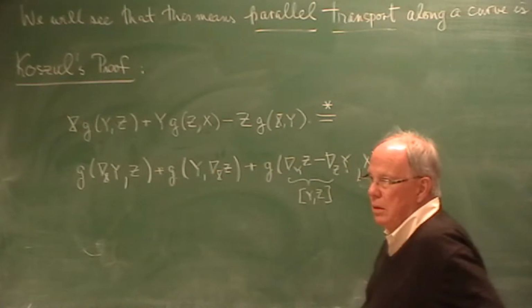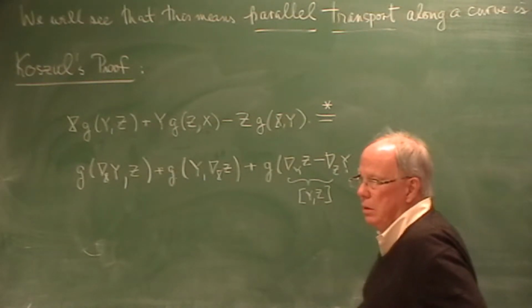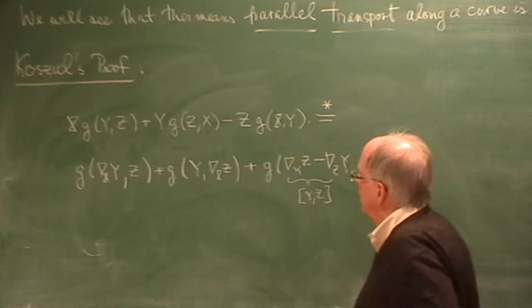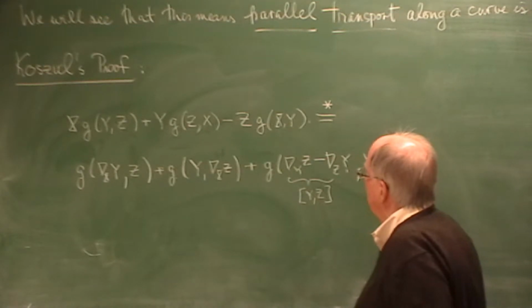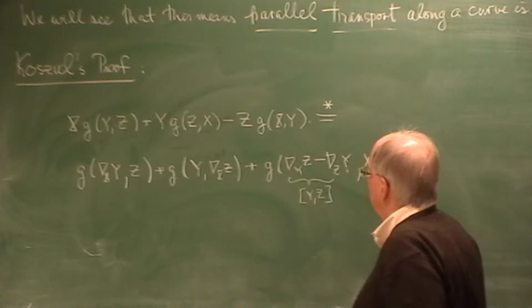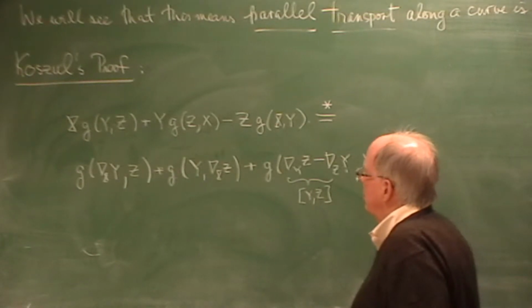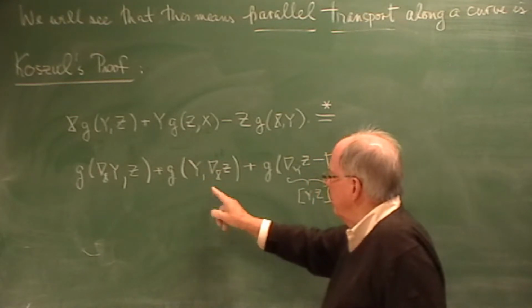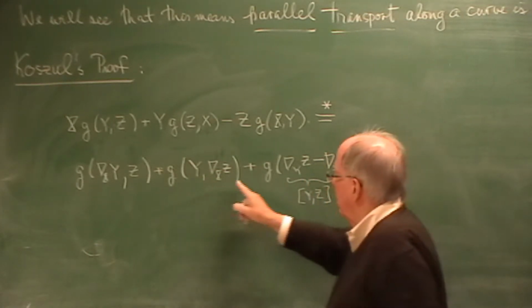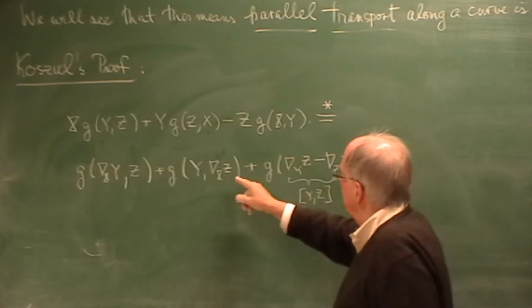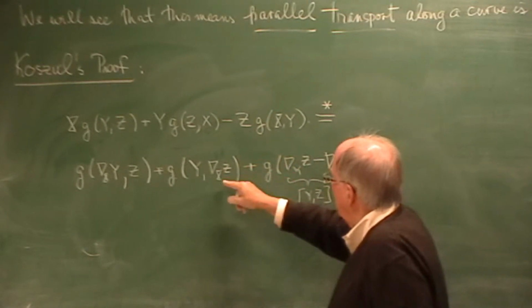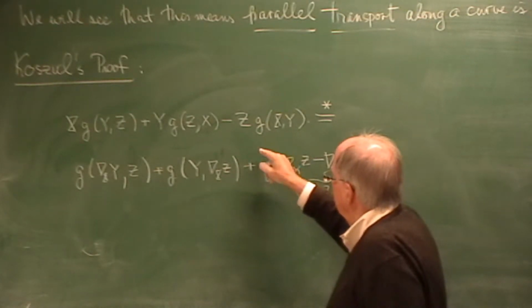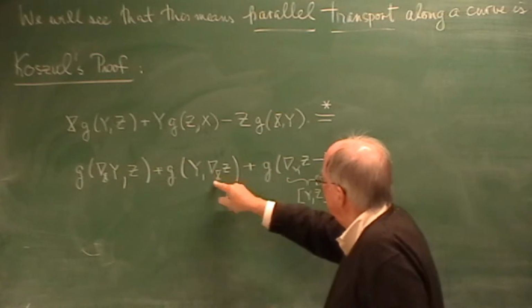So nabla Z of X with Y, and then you have G of Y, nabla X of Z. You're saying I can put this together with that.